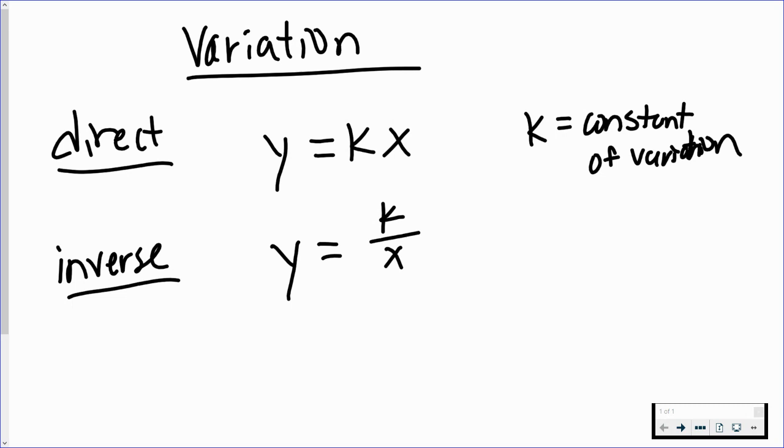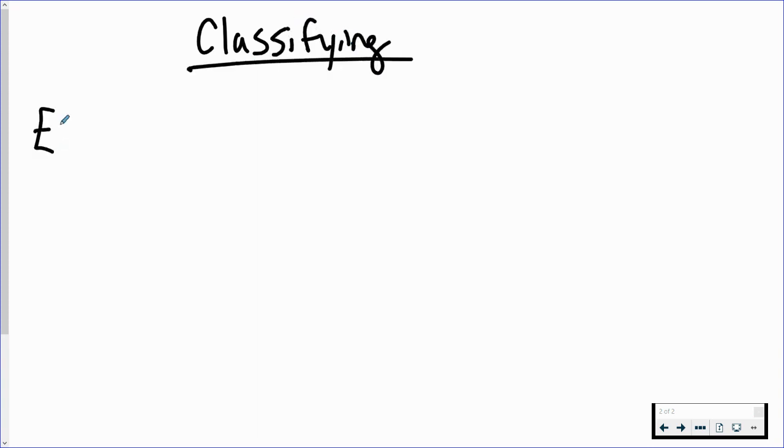First of all, let's talk about classifying these, deciding whether or not we have direct, inverse, or neither. Let's look at a couple quick examples. Let's say we have y divided by 5 equals x.